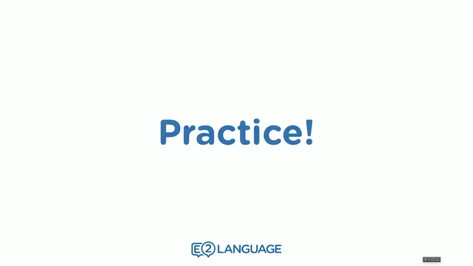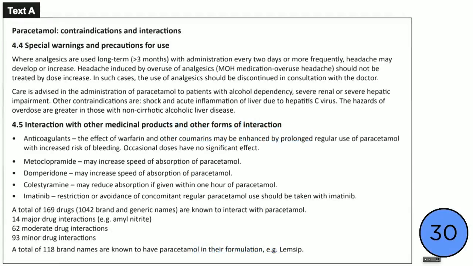All right, let's do some practice. Now, the practice test that we're using is an official OET sample, and I've been given permission from the OET themselves to use this sample, so I'd like to thank them for that. This will be a real practice. Here we go. So, what I'm going to do first, because you can't look at all of the texts at once, I'm going to first give you 30 seconds to scan read each text.